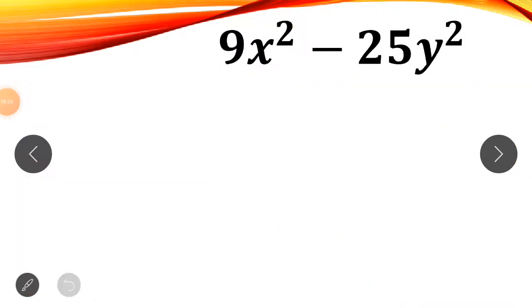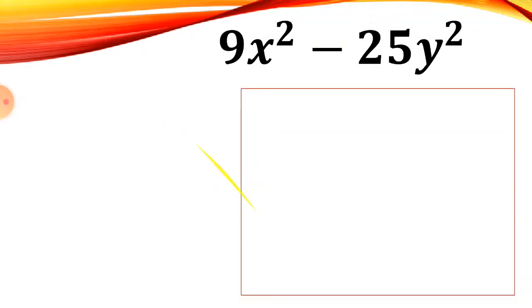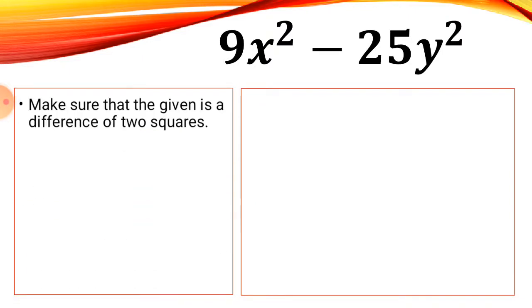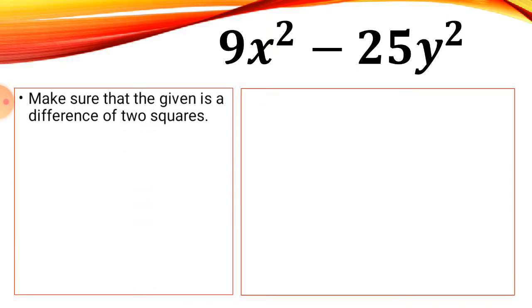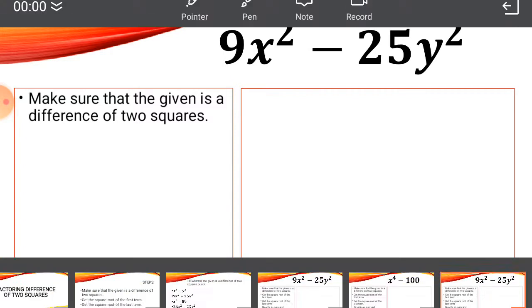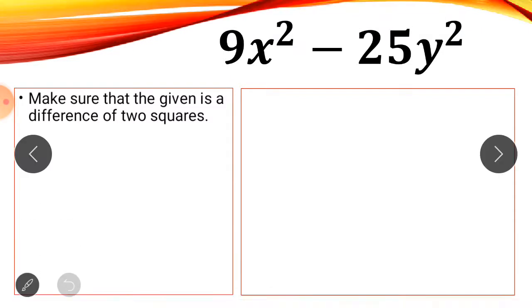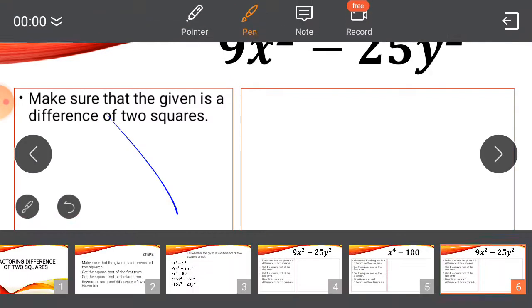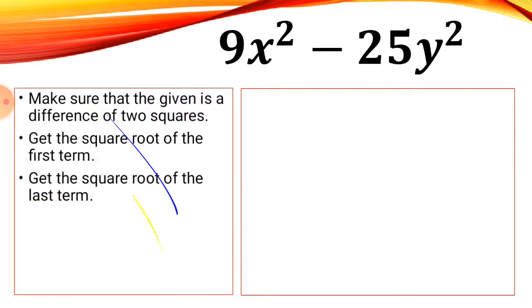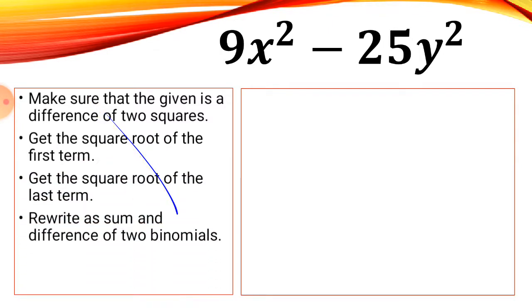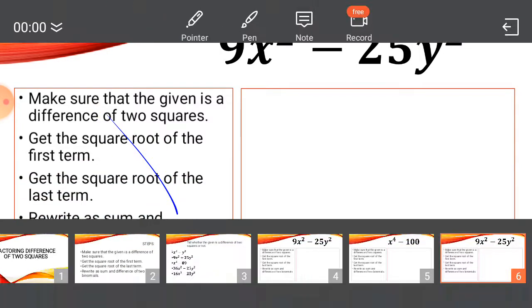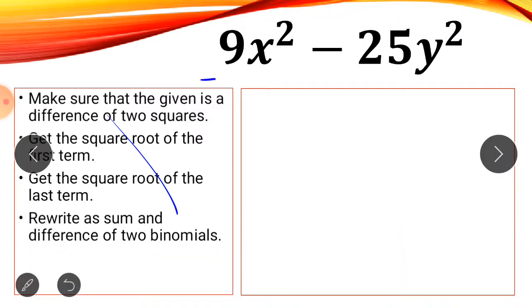Okay, let's have another example. We have 9x squared minus 25y squared. So this is check. This is a difference of two squares. So let's solve this. So square root of 9, 3 times 3, 9.